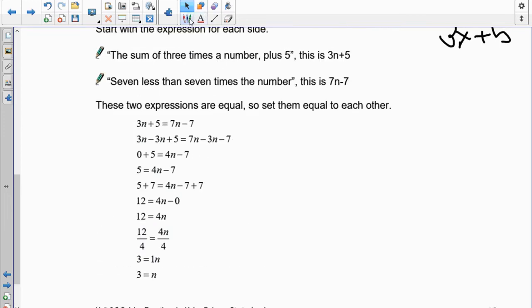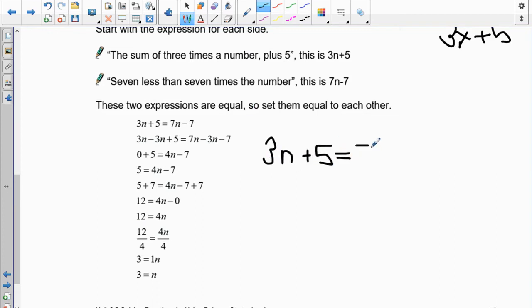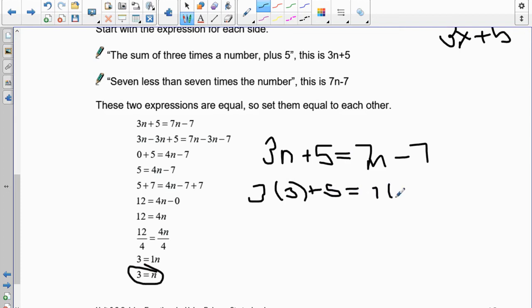Now, if I want to verify this, I've got 3n plus 5 is equal to 7n minus 7. I said that n was 3, so it's going to be 3 times 3 plus 5 is equal to 7 times 3 minus 7.